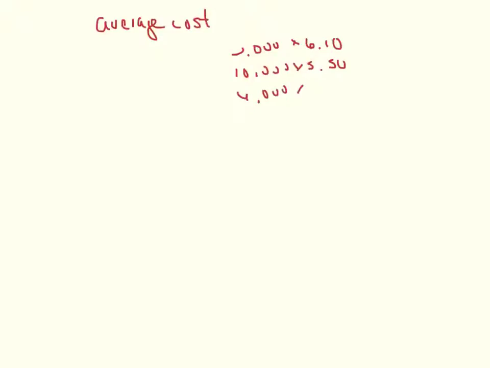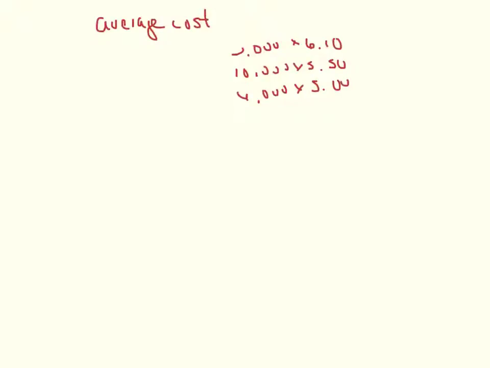Now to look at the average cost, we're going to have the same thing, trying to figure out, so this is average cost under the periodic. So we're still needing to put what our goods available for sale is going to be. So again, we have our 2,000 units from the beginning at 610, our purchase of 10,000 units at 550, and our 6,000 units at $5.